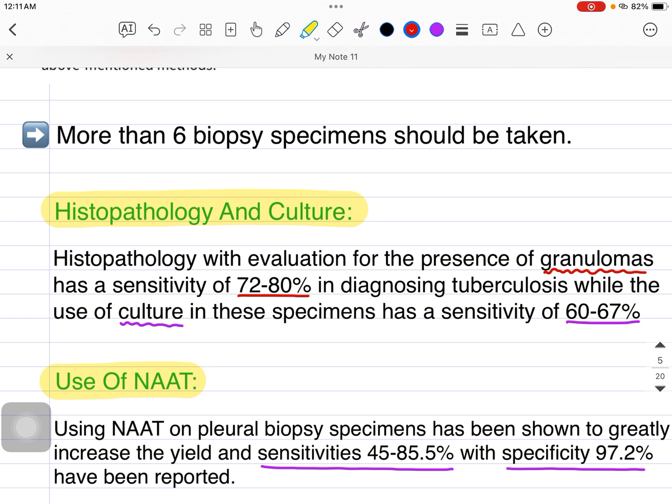If we find granulomas, then it has very good sensitivity, around 70 to 80% in diagnosing TB, while the use of culture in this specimen has a sensitivity of 60 to 67%. So here we can see that granulomas have a very high sensitivity in diagnosing TB, whereas culture also has a high sensitivity, but comparatively the histopath has very good sensitivity.